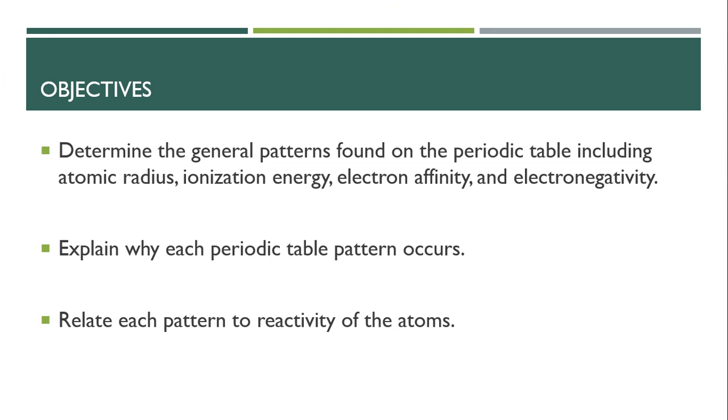The other piece of this is we really do want to be able to understand why these patterns exist. So if there's something to take out of this lesson, it's to be able to not only know how the property changes, but more importantly, why it changes.